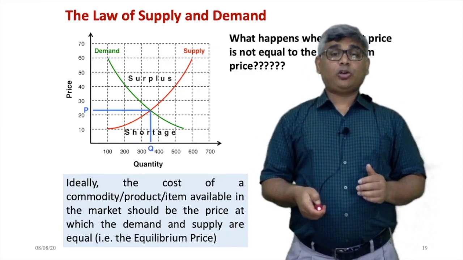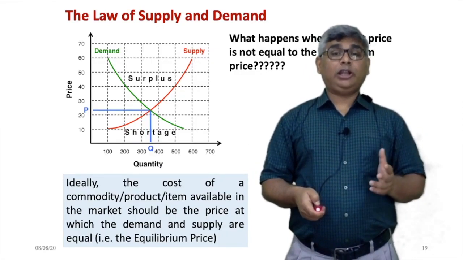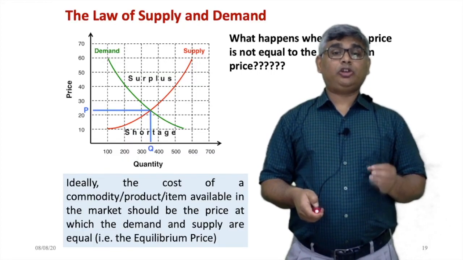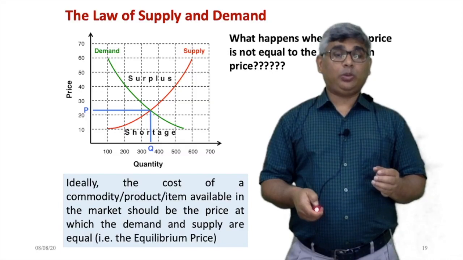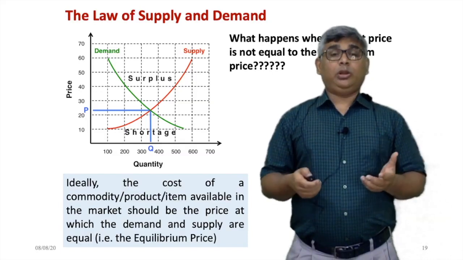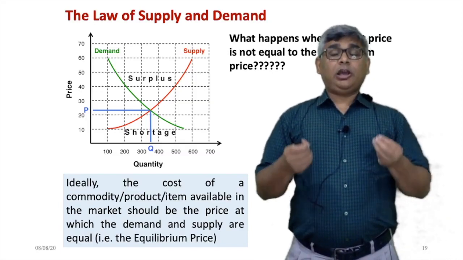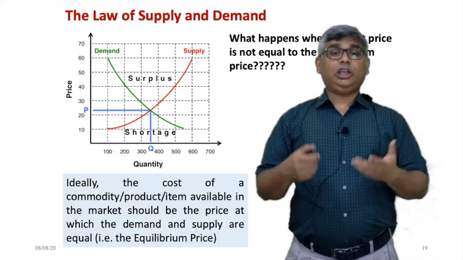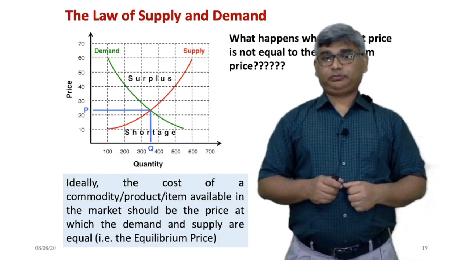So ideally, the cost of a commodity, product or item available in the market should be the price at which demand and supply are equal. That is, ideally a product should be available at the equilibrium price.